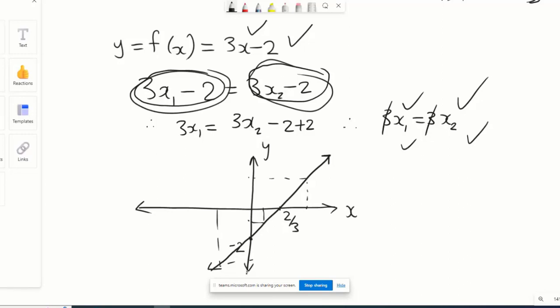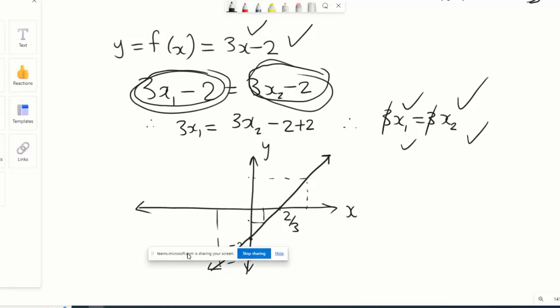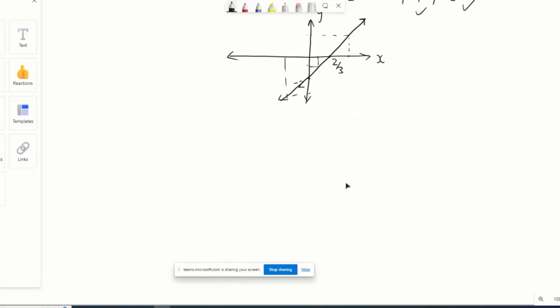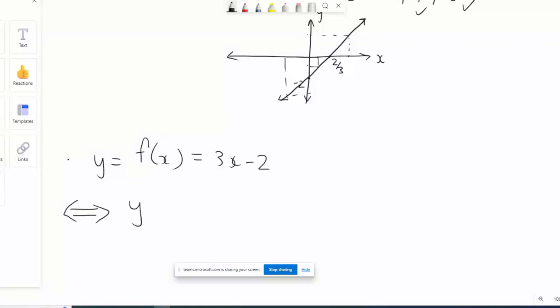Now, if you want the inverse of that function, we're all set to get it. So let's look at that function again. The function was y equal to f of x equal to 3x minus 2. From there, if and only if, let's try to find x in terms of y now.